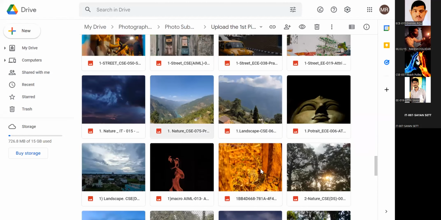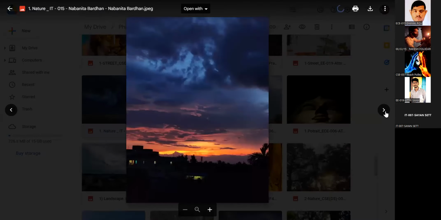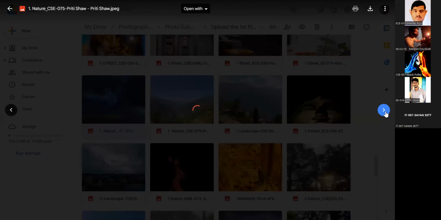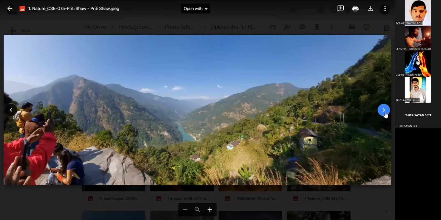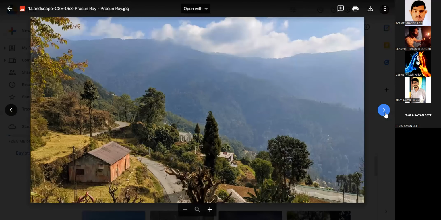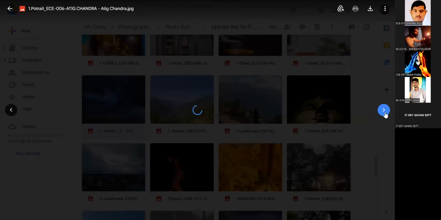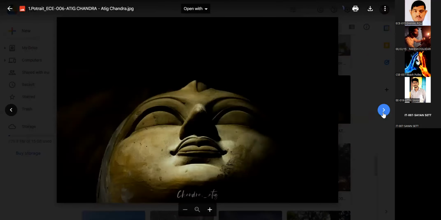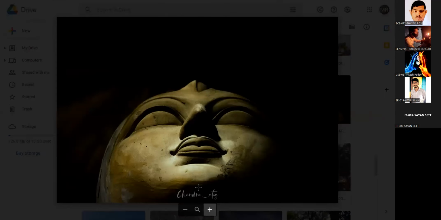Okay, I will move a little faster so that I can finish at least your pictures of your first choice. Another landscape, nothing to say. Okay, interesting one. Towns on the hills. This one is interesting, but your watermarks are not supposed to be there.